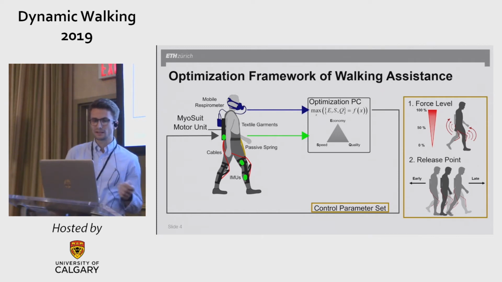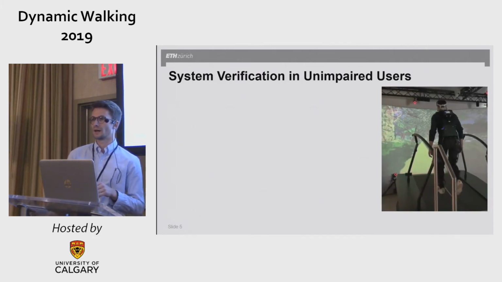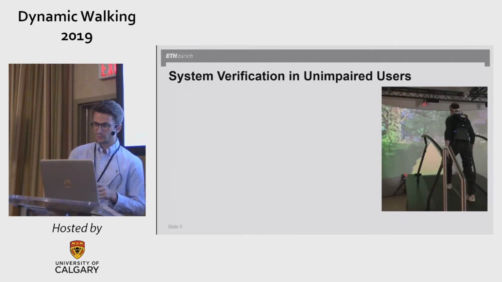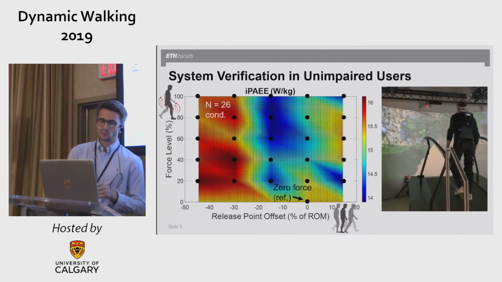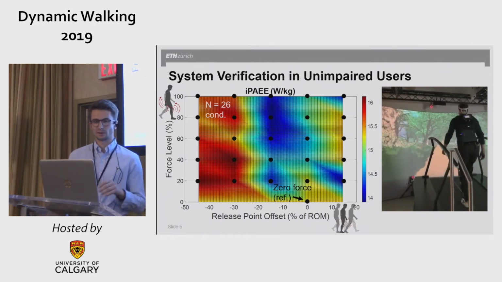So what we wanted to check here is if actually varying those control parameters results in a consistent and meaningful change in our subjects. And for that, we started with a system verification in unimpaired users during uphill walking on a treadmill. And what we found is that we get a very consistent metabolic landscape here.